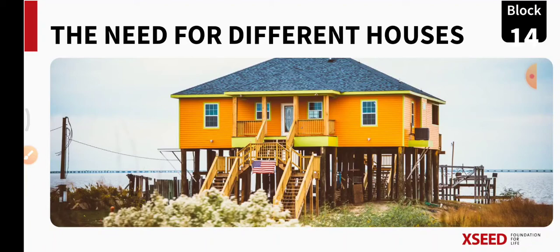So we can understand that such a type of house is called a stilt house. Stilt, S-T-I-L-T. Stilt houses are built where there is heavy rainfall, right? So that the water does not enter the house.